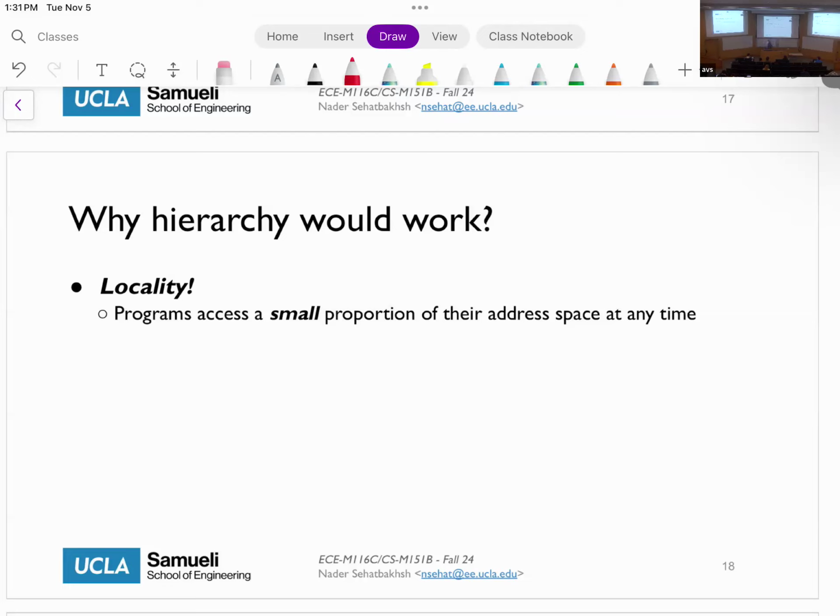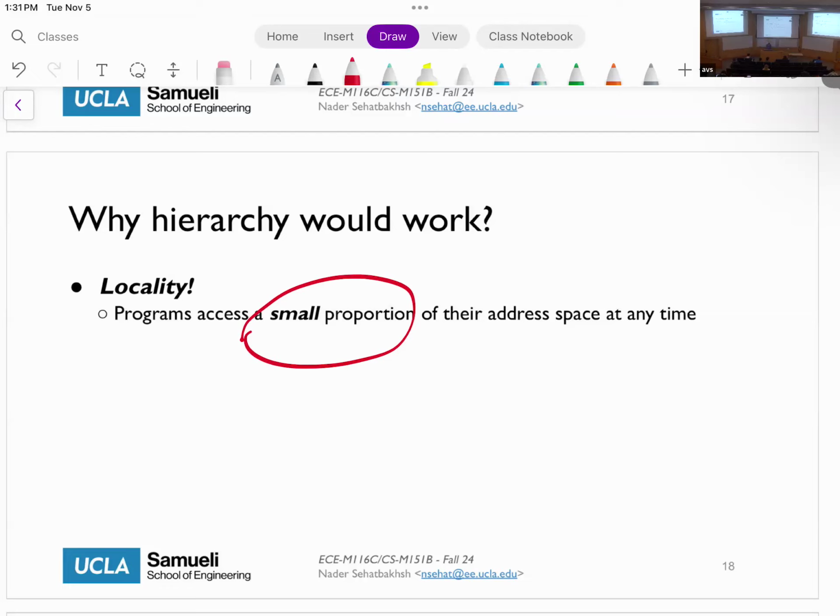You're not going to read 50 different books at any given point, right? So programs also behave very similarly. It always works on a very small portion of data at any given time. So the only question is, can I switch between these portions quickly enough? Can I predict the behavior accurately enough? And if I can, then I have a really, really fast system.